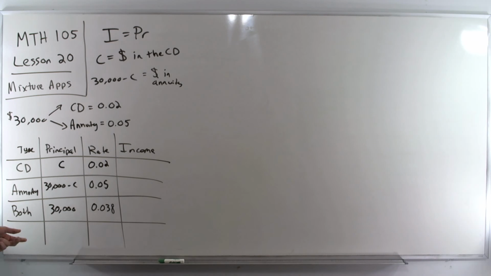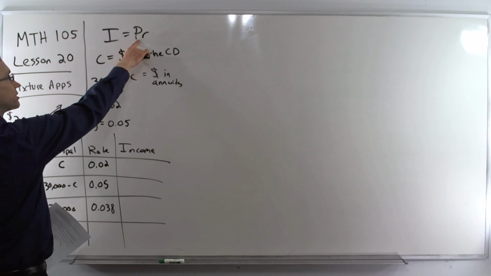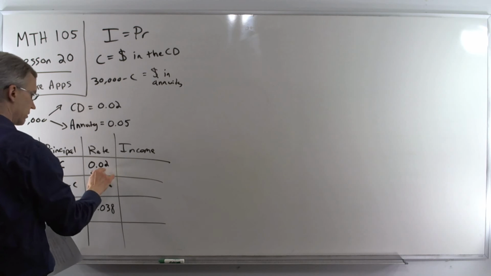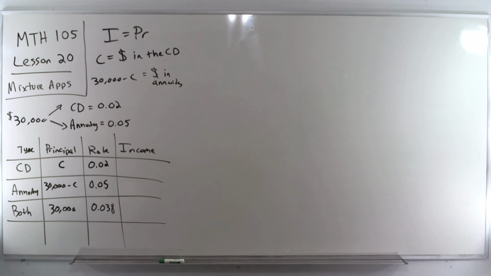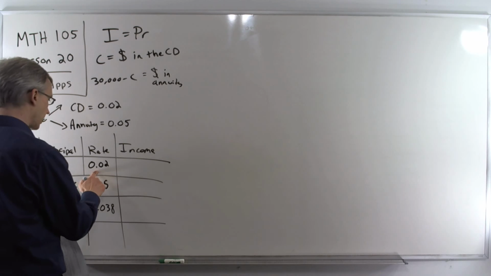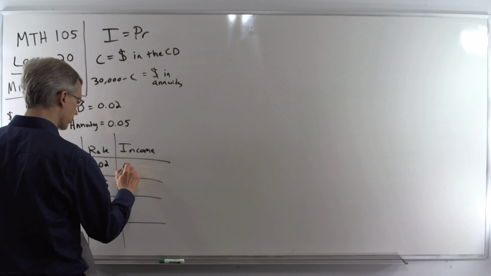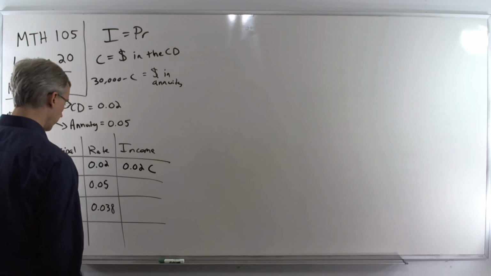All right, now we can multiply straight across using principal times rate, and that will give us the income. So the operations are just like for the other tables. Multiplying straight across, C times 0.02, that is 0.02C.